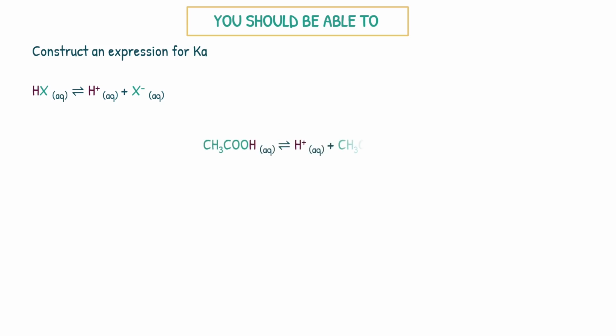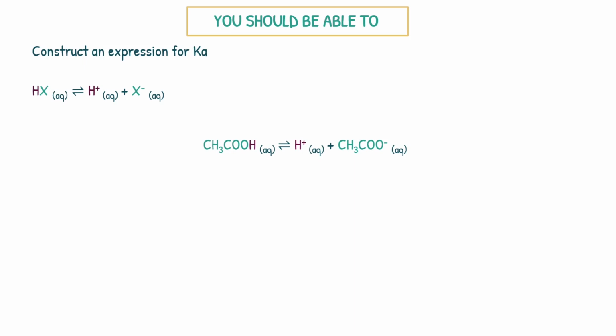So here, instead of HX, we're going to be using our ethanoic acid, CH3COOH. As you can see here, the X portion is going to be our salt, and then our H portion is our proton. And when that breaks up, we get H plus and CH3COO minus, which is called ethanoate ions.